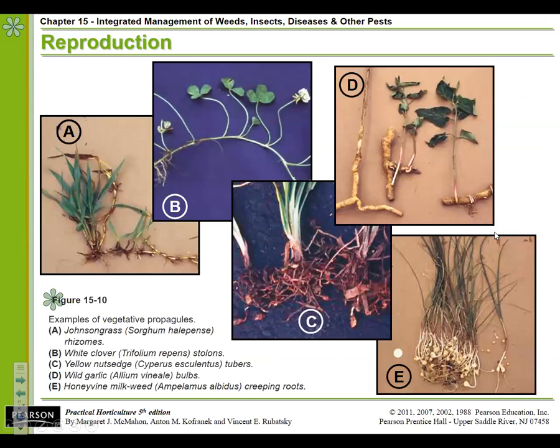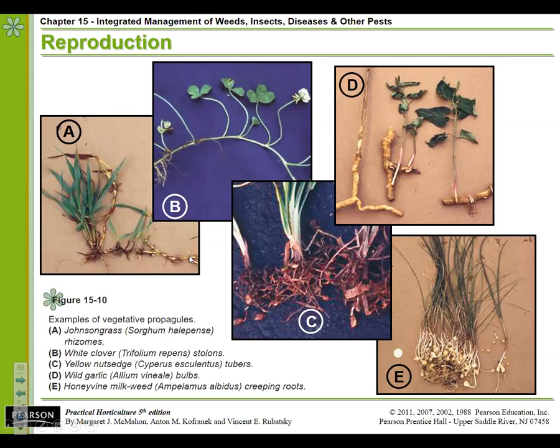Also, the way that some weeds reproduce can make them more of a nightmare, shall we say, more competitive. We're looking at them being able to reproduce not only through producing seeds, but also through their vegetative reproductive structures.